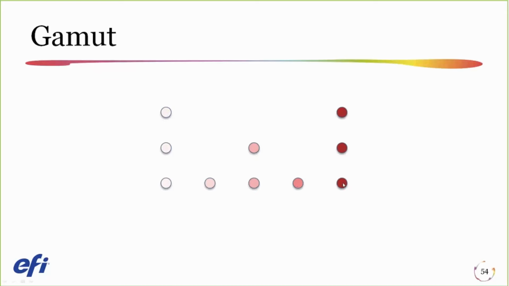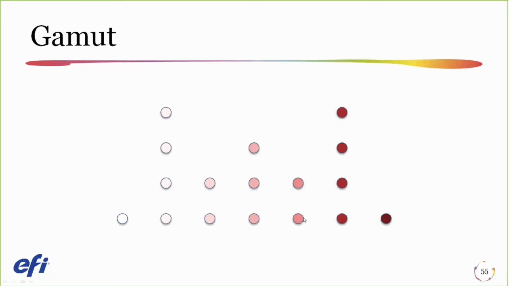I've got 3 colors I can render in between my light burgundy and dark burgundy. Again, that did not increase my gamut. This increased the gamut: I can print lighter or darker. So just being able to address additional colors in between any 2 colors doesn't increase the gamut. It might give you better, smoother gradations, but it's not going to increase the gamut.